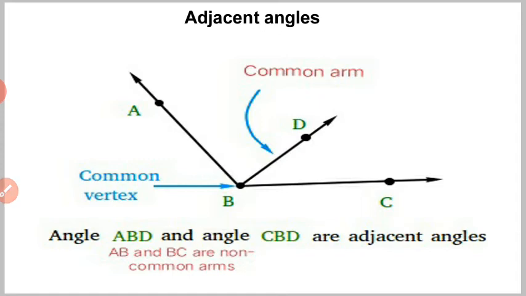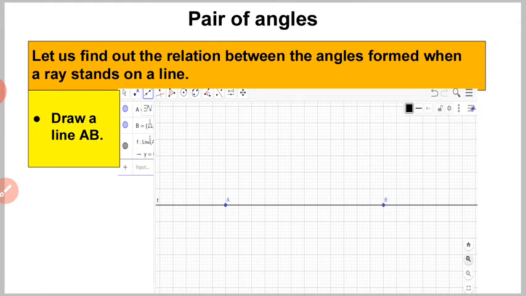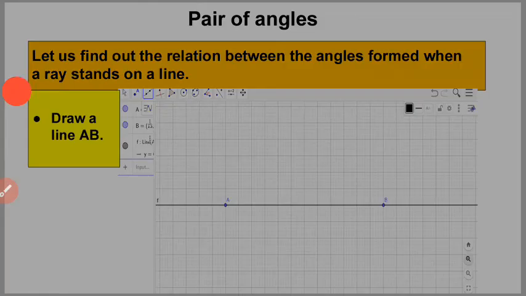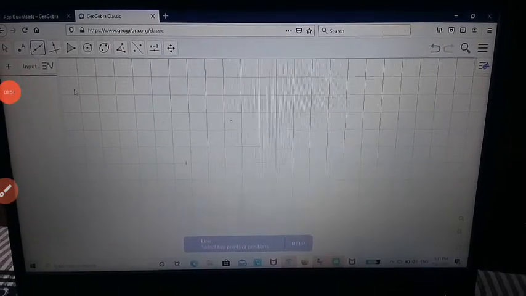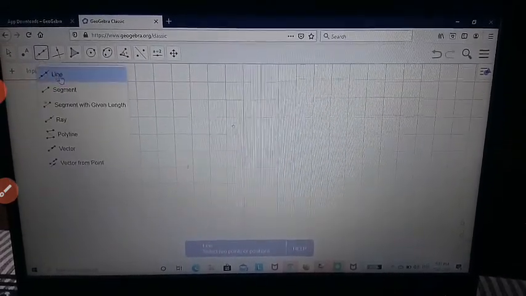So now let us start with today's session. In today's session, we will try to find out the relation between the angles formed when a ray stands on a line. So for this, draw a line AB.